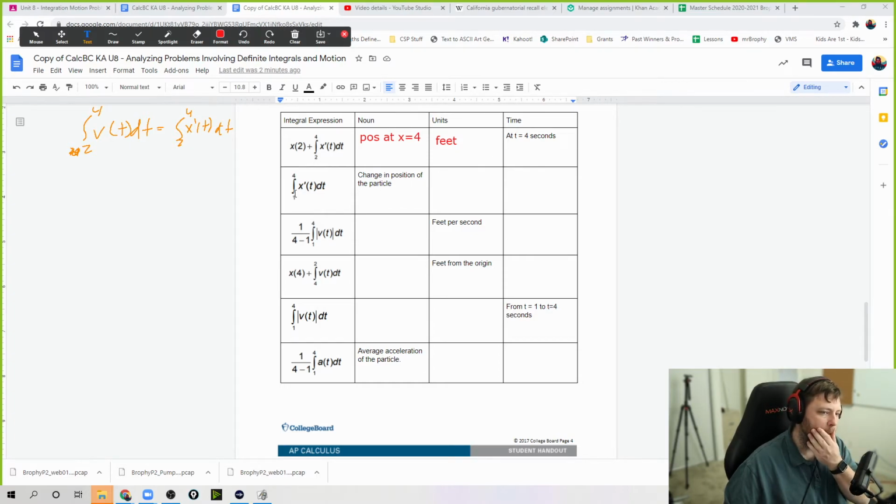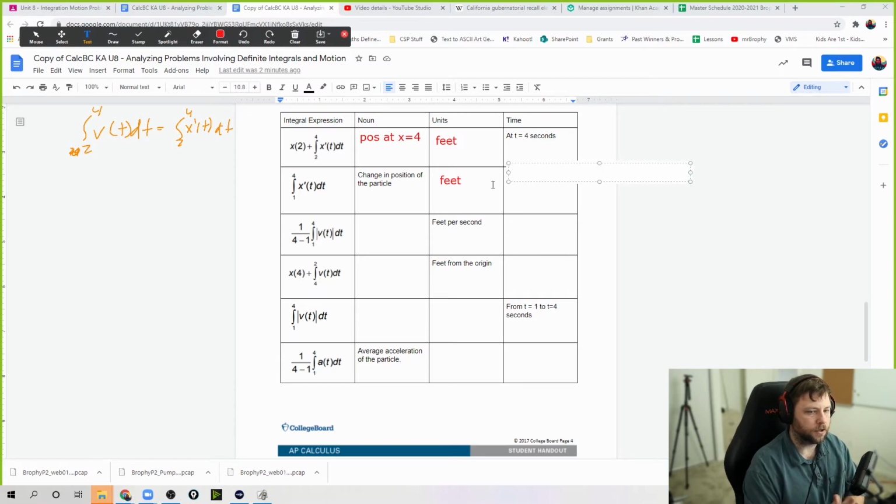Moving on. What's this thing? Oh, but it's from 1 to 4, not 2 to 4. It's a change in position of the particle, right? Now, what is the change of position in units? We're still position here, so I'm going to say it's still feet. And then, what's the time?